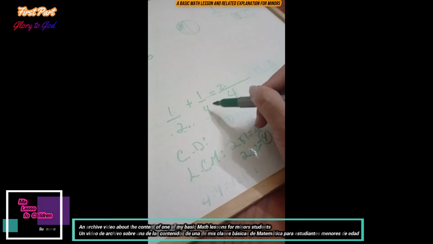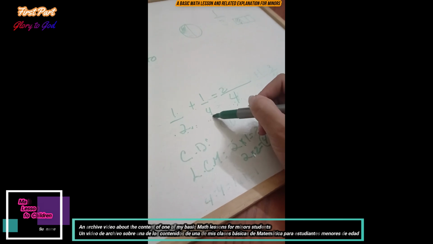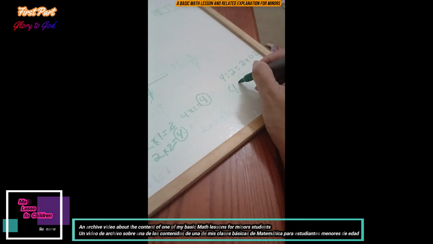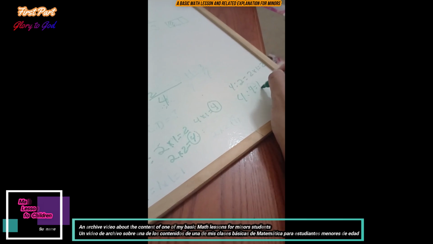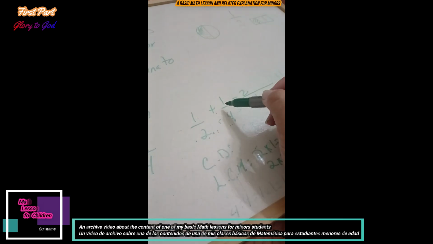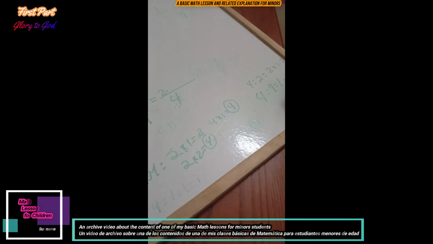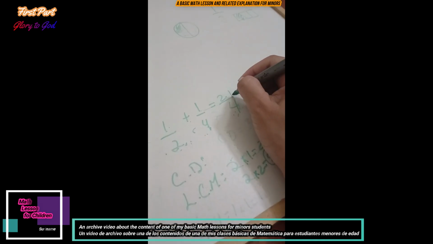Now, 4 divided by 4 equals 1. 1 multiplied by 1 equals 1. Then you put plus 1.